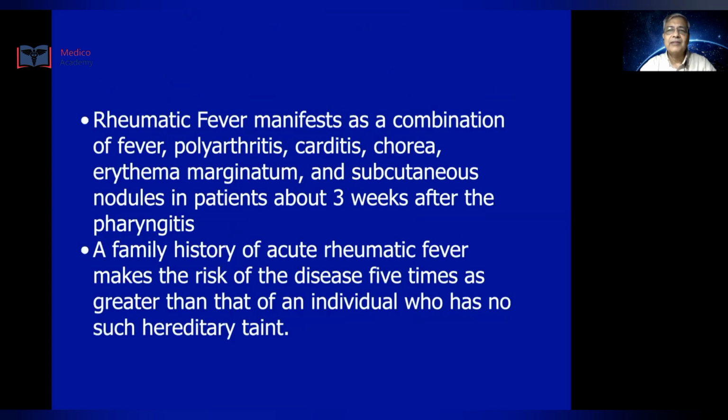Rheumatic fever manifests as a combination of fever, polyarthritis, carditis, chorea, erythema marginatum, and subcutaneous nodules in patients about 3 weeks after the onset of pharyngitis. A family history of rheumatic fever makes the risk of disease 5 times greater than that of an individual who has had no such hereditary taint.